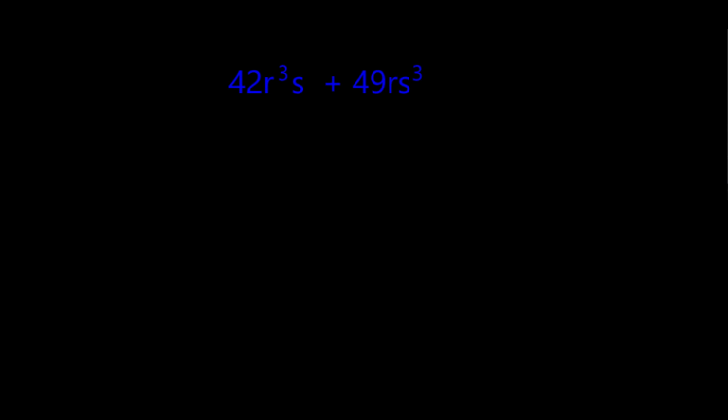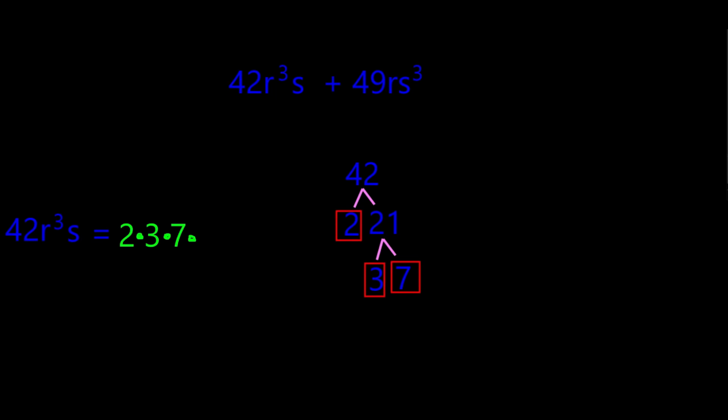Let's do this example. We want to find the prime factors of the first term that is on the left. The prime factors of 42 are 2 and 21. 3 times 7 gives 21. R cubed is r multiplying 3 times together.